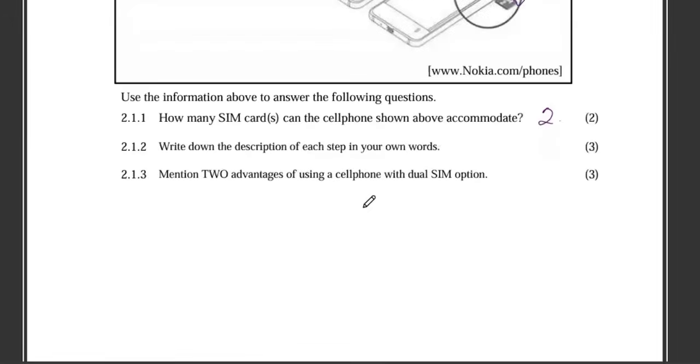Okay, then when we go ahead and we look at this, it says 2.1.3. Mention 2 advantages of using a cell phone with dual SIM option. 1, instead of carrying two devices, you carry one.